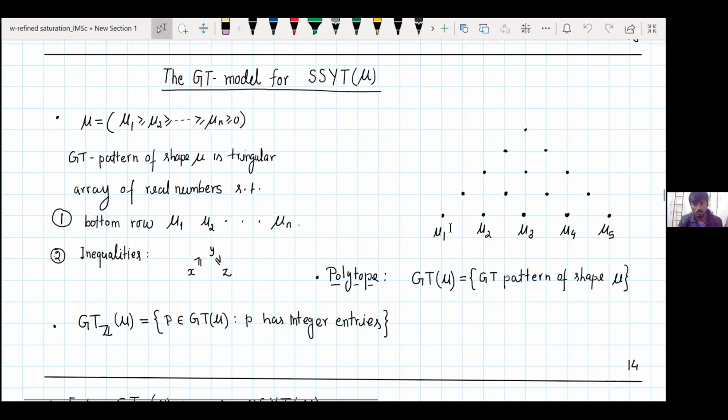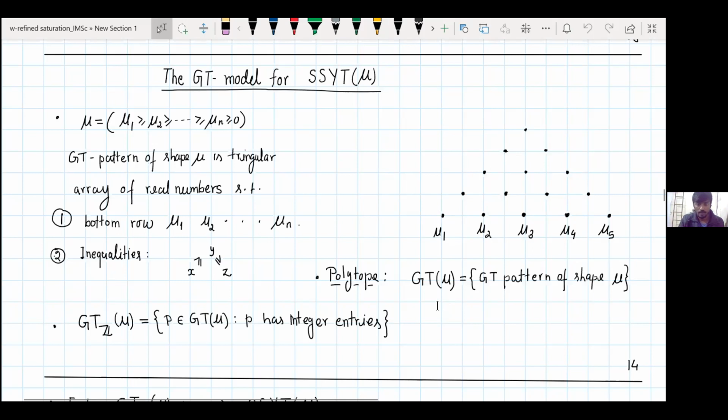Suppose here n equals 5, so mu_1 to mu_5, and in the other dots you put some integers with some inequalities. When you see a triangle like that, with entries x, y, z, you have to put the inequality: x should be bigger than y, which should be bigger than z. If you fill all this with real numbers, this will be a polytope, which we call the GT polytope, GT(mu).